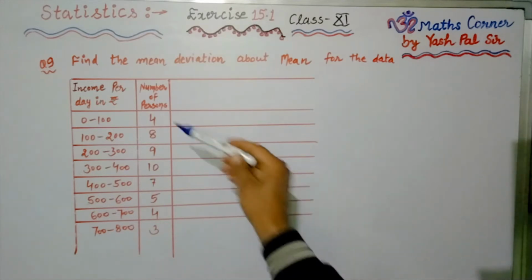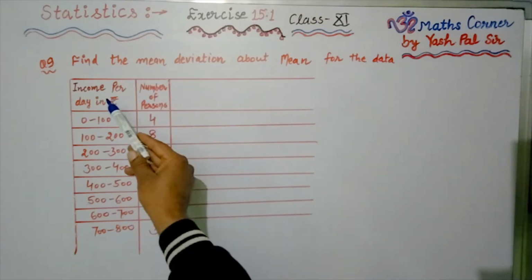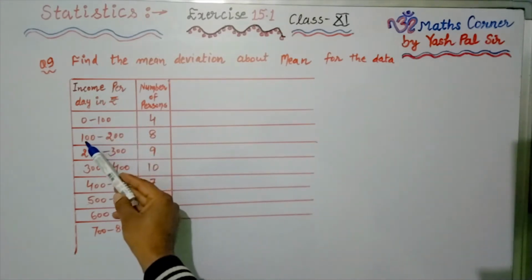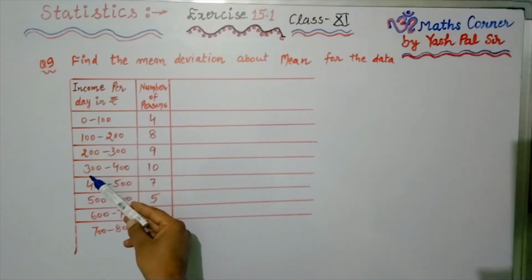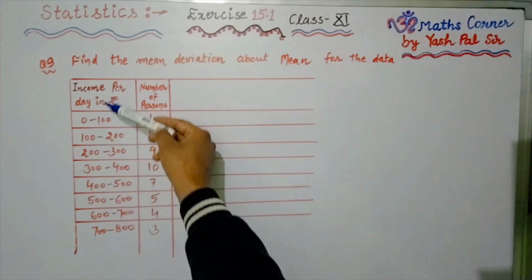Now question number 9. Find the mean deviation about mean for the data. Income per day in rupees: 0 to 100, 100 to 200, 200 to 300, 300 to 400, 400 to 500, 500 to 600, 600 to 700, 700 to 800.